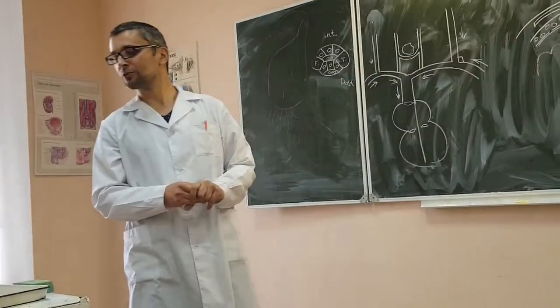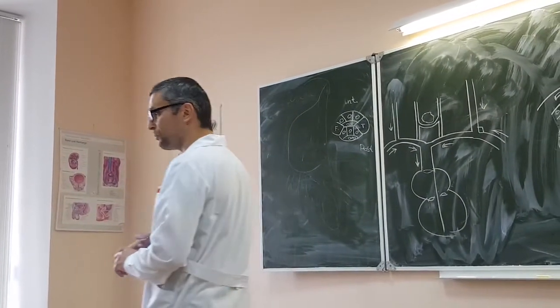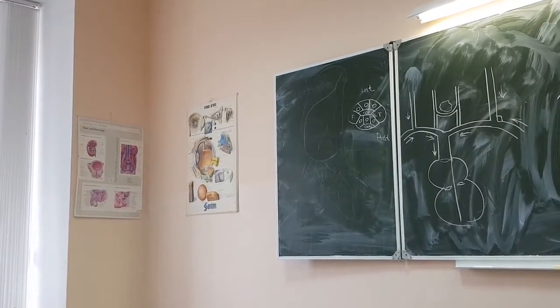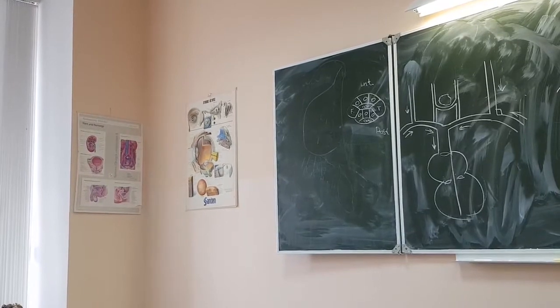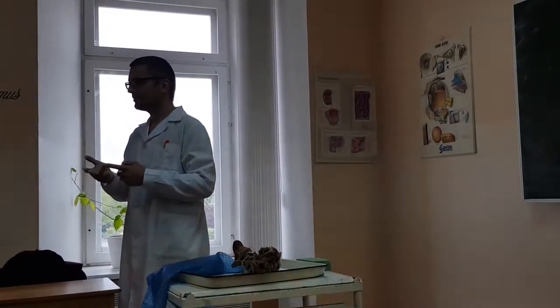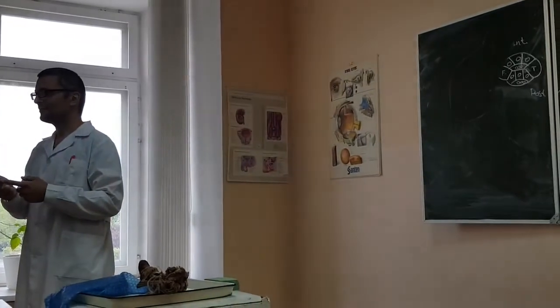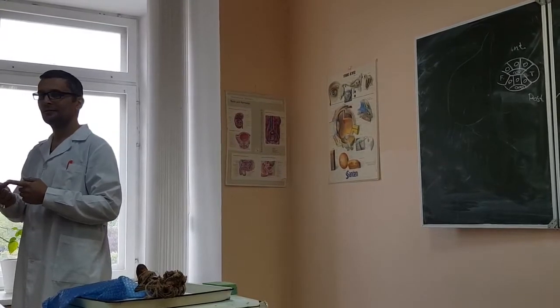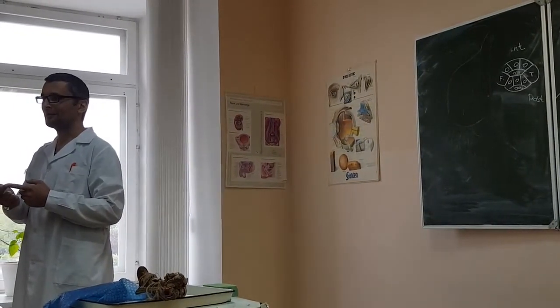So, from the first semester, you have to know that all bones can be divided into which groups? Which types of bones do you know? Paired and unpaired. Flat bones, tubular bones, spongy, and mixed.